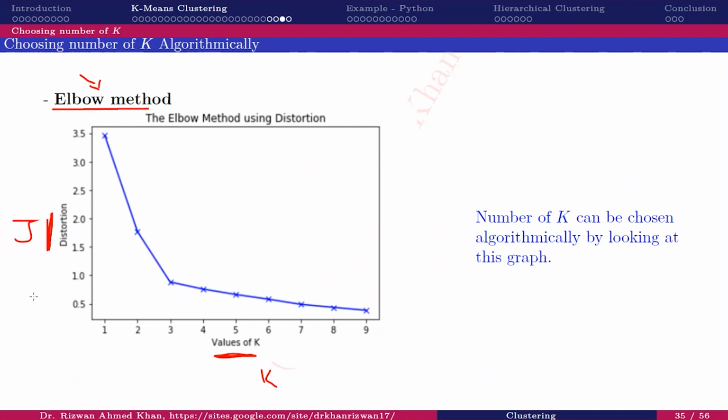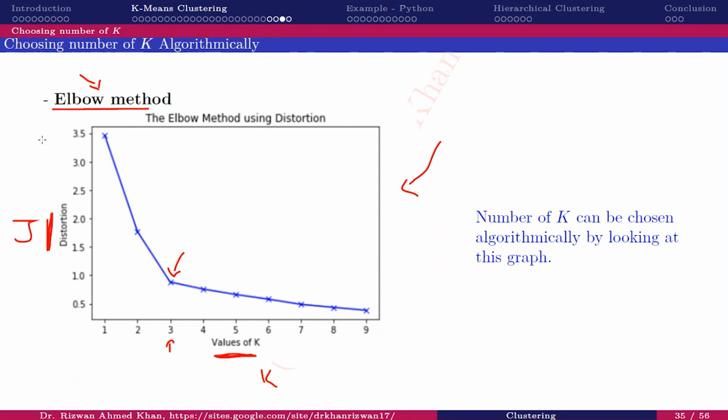This is J, the value of J, right? And if you are lucky, if you find this kind of a curve, you can see that this value of K is the best value for the given data set. So the number of K can be chosen algorithmically by looking at this graph.